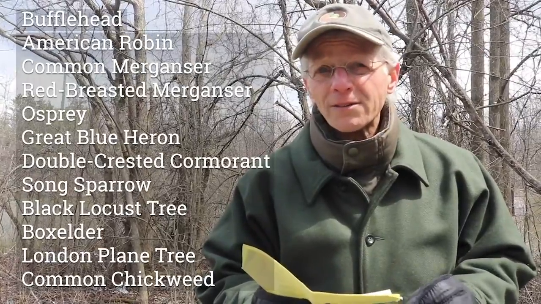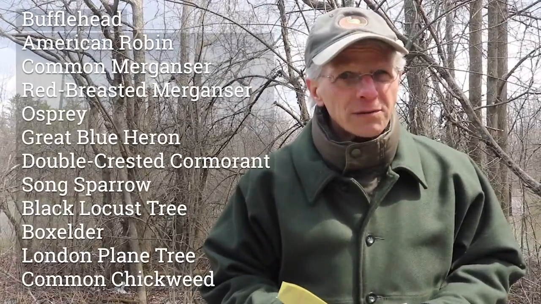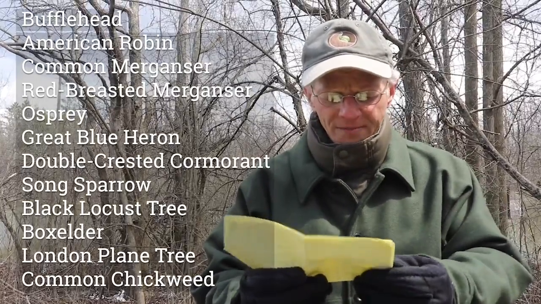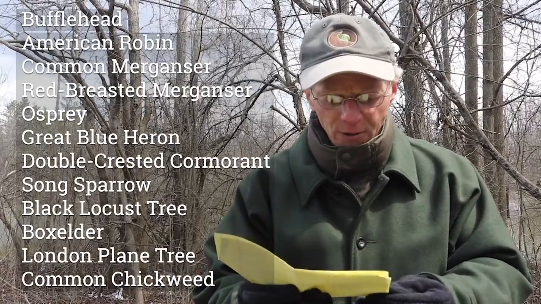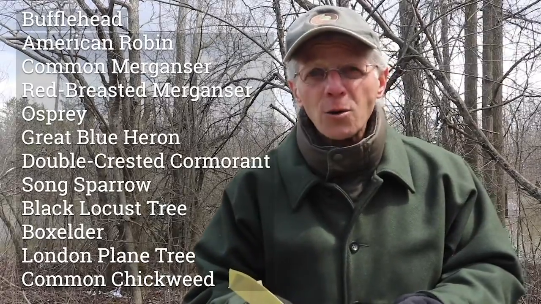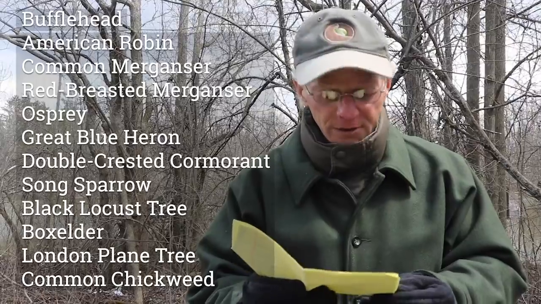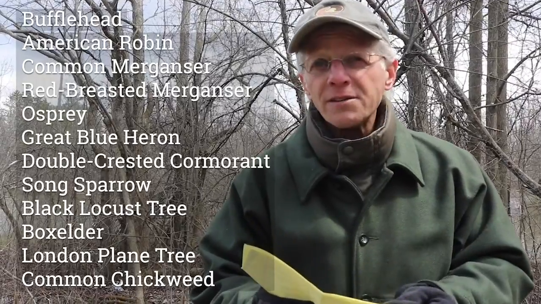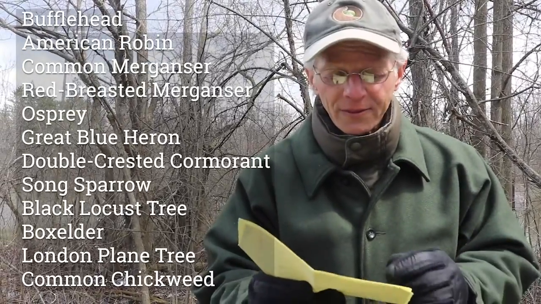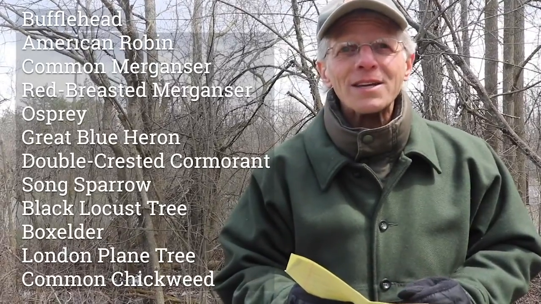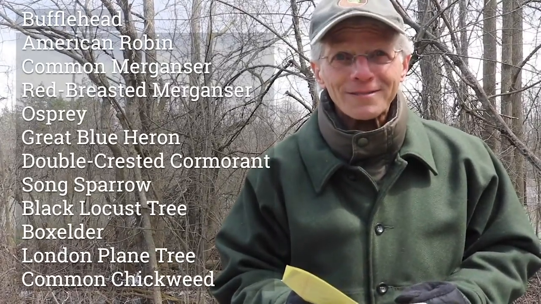Double-crested cormorant, we saw quite a few of those at the rookery, along with a song sparrow, a black locust tree, box elder, London plane tree, and we saw one flowering plant, the common chickweed.